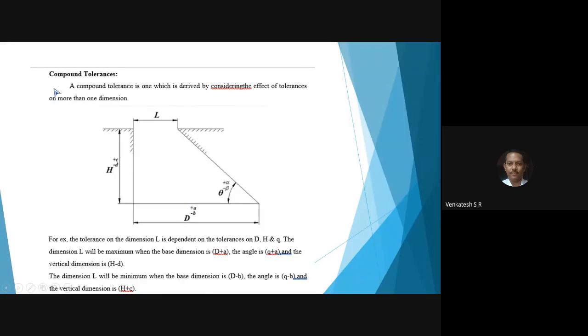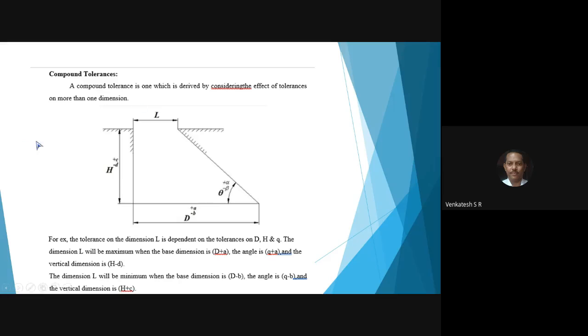The name itself indicates compound, adding the tolerance. This is very, very important from an examination point of view. Please, all of you mark it. You can expect this question this time.